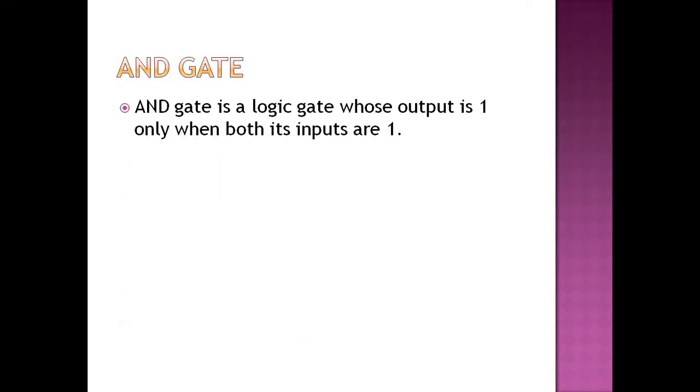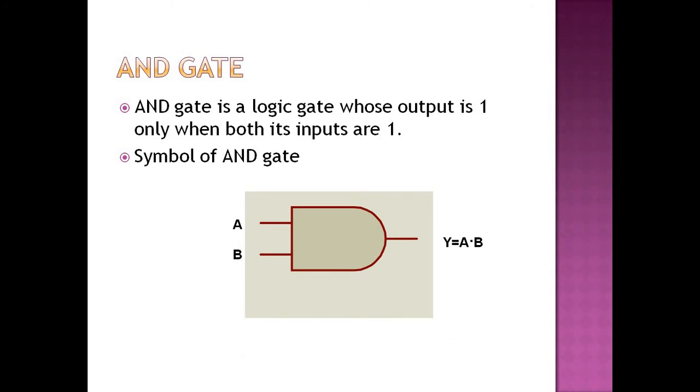Now we focus on the second gate, the AND gate. AND gate is a logic gate whose output is 1 only when both its inputs are 1. Symbol of AND gate is shown in the following figure. Here it again has two inputs A and B and a single output Y equal to A dot B. Its output is 1 only when both inputs are 1.